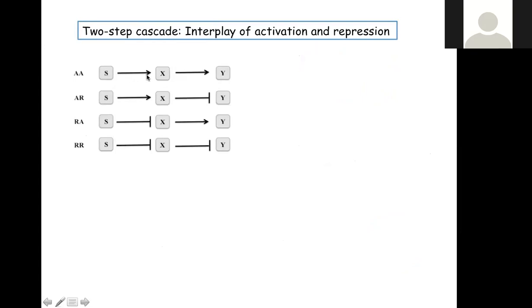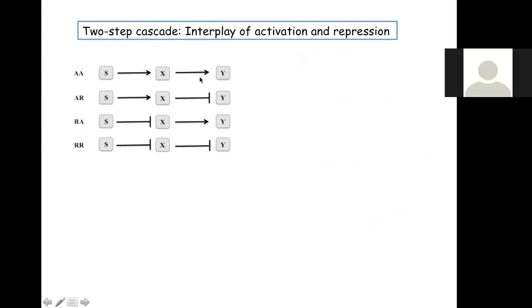The direct arrowhead means S is activating X, and X is activating Y. In the next diagram, S is activating X and X is repressing Y, meaning X doesn't like Y, so X wants to repress Y. Similarly, we took all permutation combinations and have these four structures. The first one is the activation system, then the activation-repression system, then the repression-activation system, and the repression system.